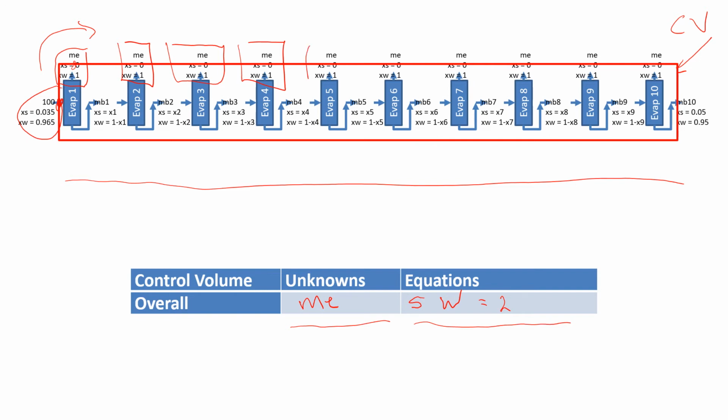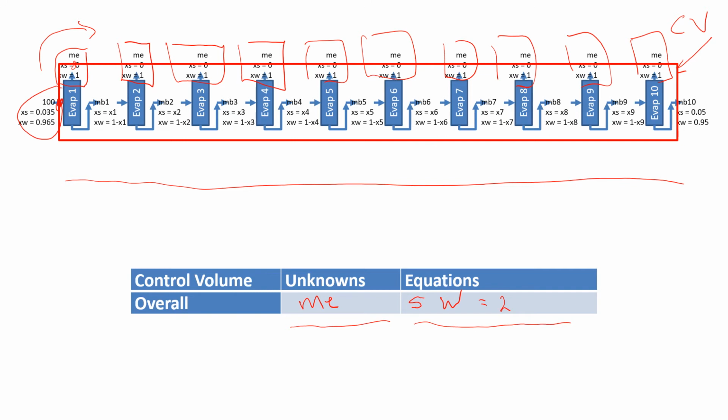And in fact, for 5, 6, 7, 8, 9, and 10, all those streams cross the control volume, but there's only one unknown associated with each of those streams, and it's the same unknown, ME. So I only have one unknown that appears in this table here.